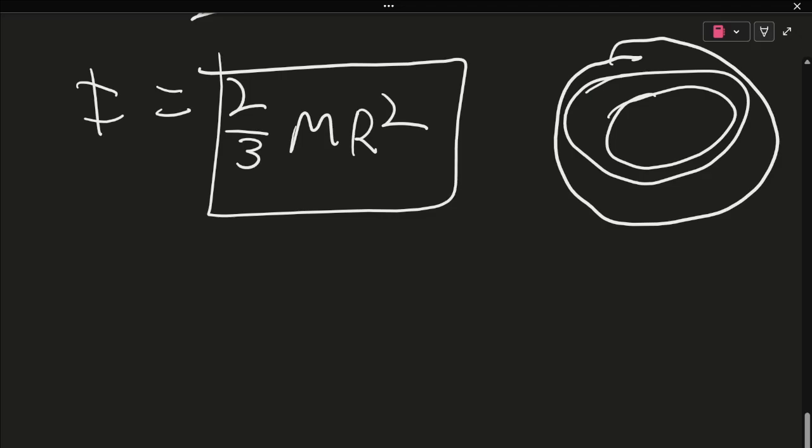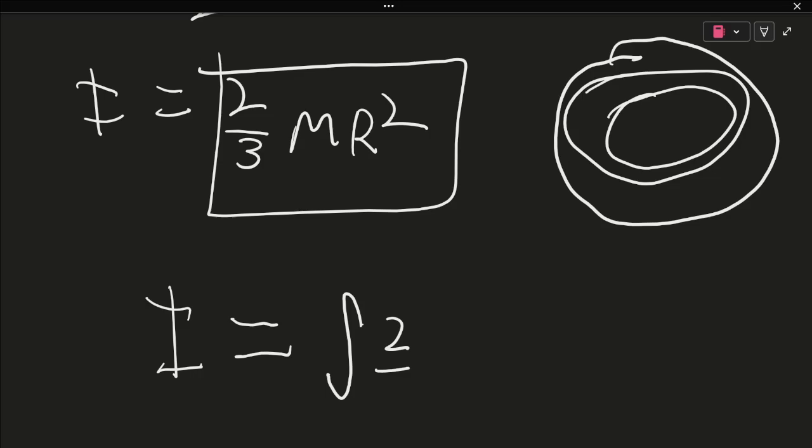So to find the moment of inertia of a solid sphere, it's actually going to be equal to the integral, adding all of the small spherical shell moments of inertia with varying radii.